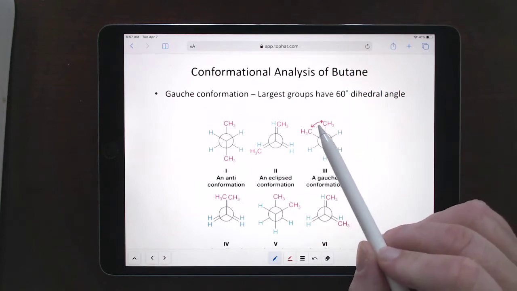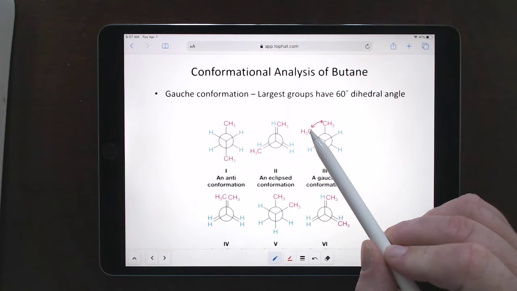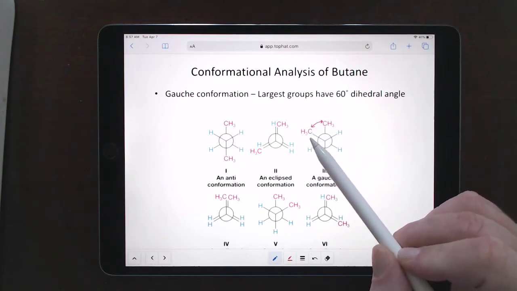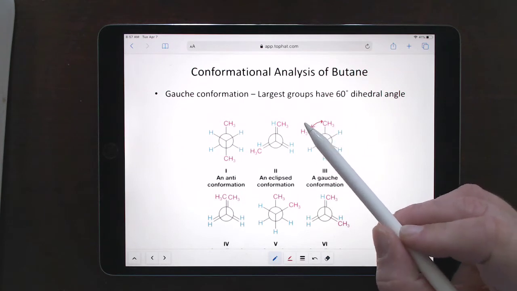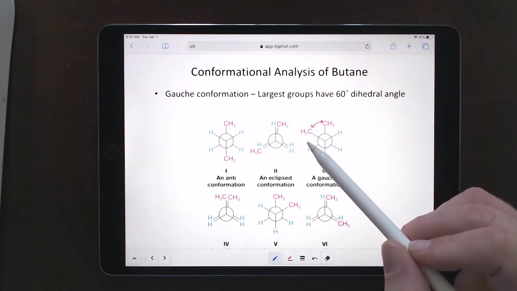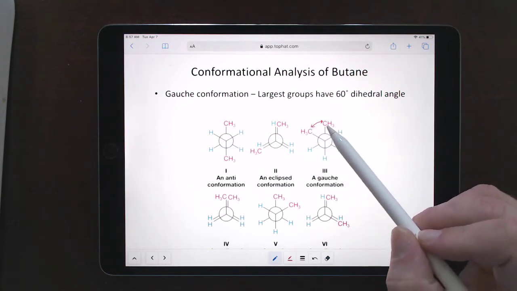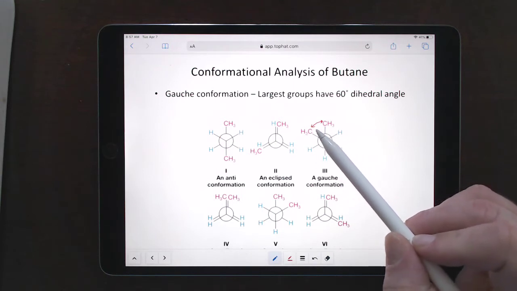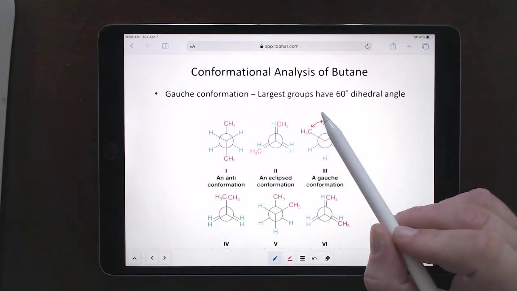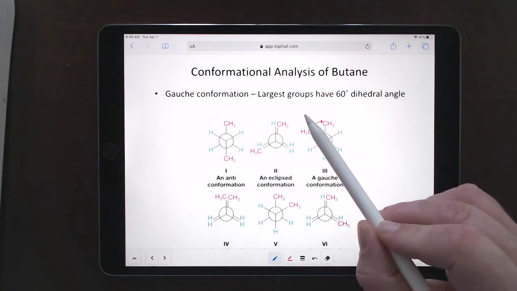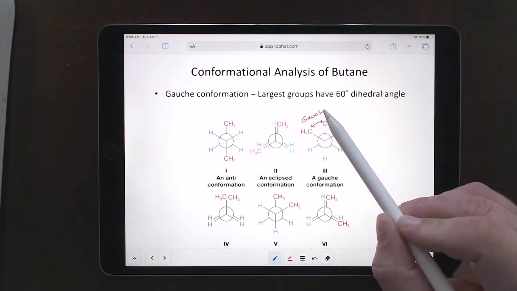Well, yes and no. Yes, they are staggered. But remember how the hydrogens are sticking out from each other? The methyl groups are significantly bigger than a hydrogen. So when you have two non-hydrogens 60 degrees from each other, they're going to start interacting. This is what's called a gauche interaction.